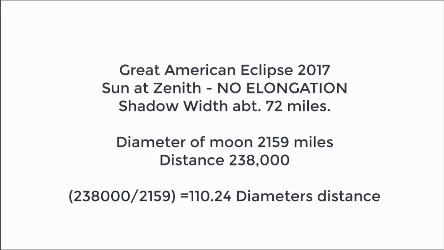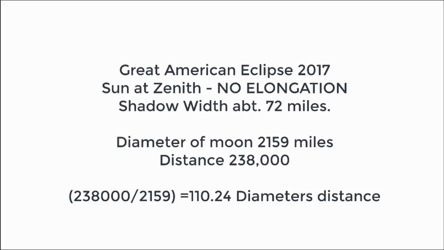Now, as a baseline, I'm using the Great American Eclipse of 2017. This was a solar eclipse that went across the entire United States. The sun was at zenith. The diameter of the moon is about 2,159 miles, and its average distance is about 238,000 miles.